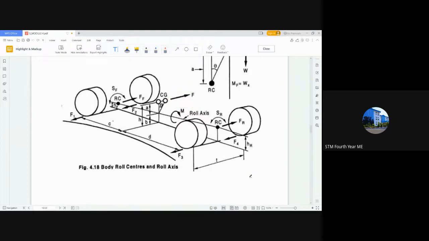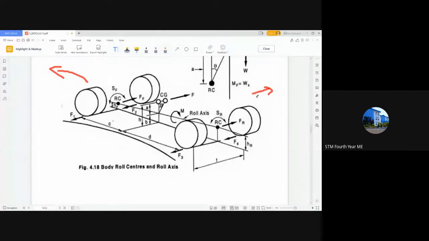Then it rolls through the roll center. So two actions are taking place. One is the linear motion sideways, specifically here in the direction of left, because the vehicle is moving in this direction. This is the front, this is the rear.